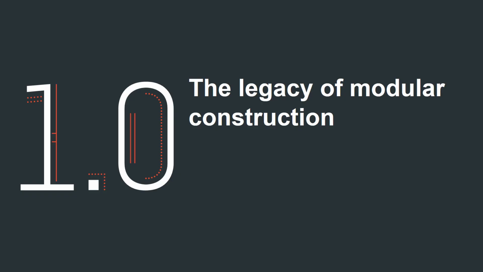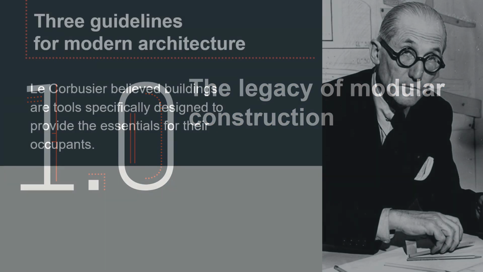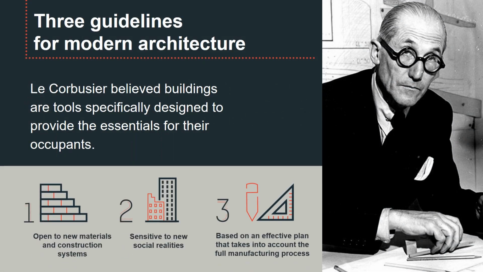You've seen the history of modular construction, but you may be surprised to learn about the role it has played in architectural design and construction. The iconic 20th century architect Le Corbusier was an advocate of prefabrication and modular construction.